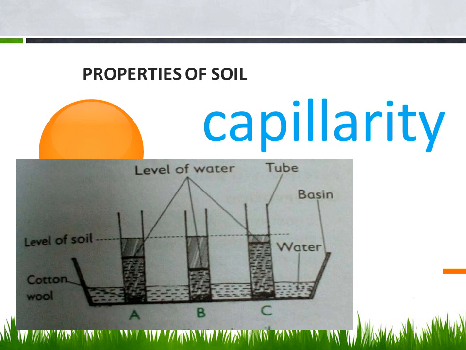Therefore, clay soil has the best capillarity, while sand soil has poor capillarity. Loam soil has moderate capillarity. When you say moderate, you can use the word average.